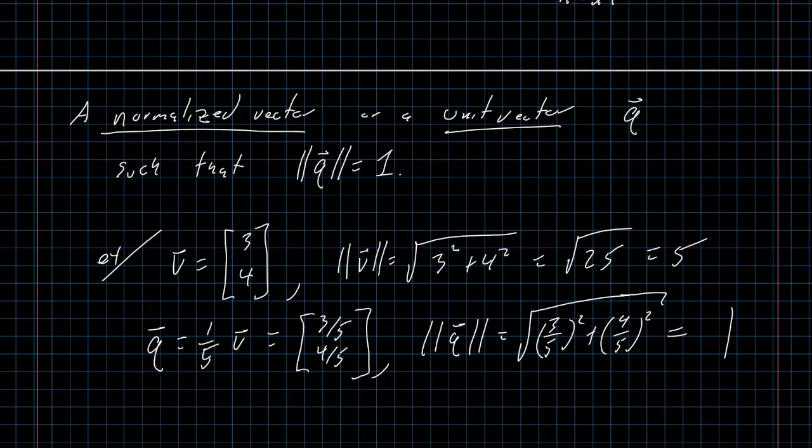I just want to look at what happens if we have a set of normalized vectors.